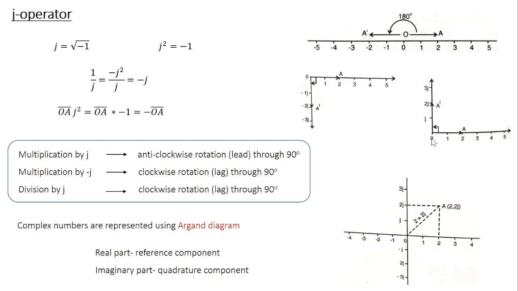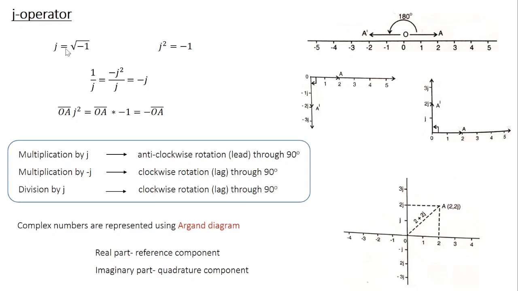So when you multiply OA with +J, you get OA prime here. Similarly, if you want to convert OA into OA prime along the -y direction, here rotation is done through an angle 90 degree in the clockwise direction, which is given by multiplication with -J. So when you multiply OA with -J, you get OA prime in this.